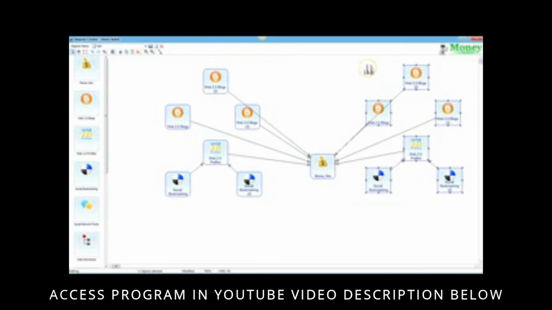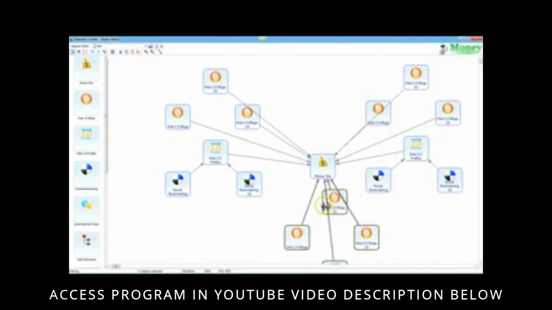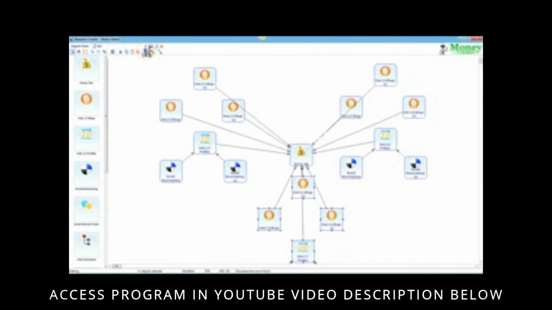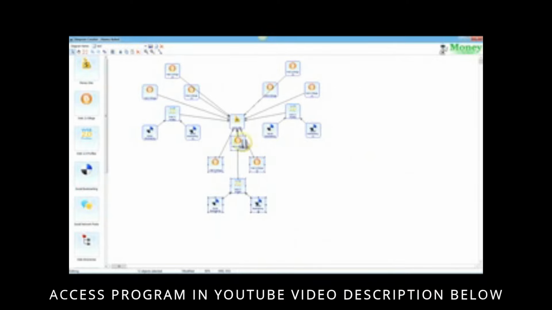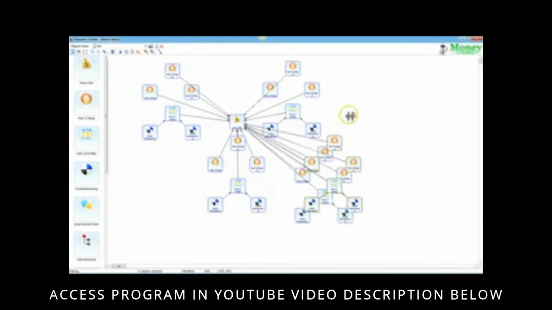I can also copy this, Control V, bring it down again. Now I've got another group. Getting hard to see. I can do a Control C, Control V, and build yet another group. Control V, and I can do this indefinitely.